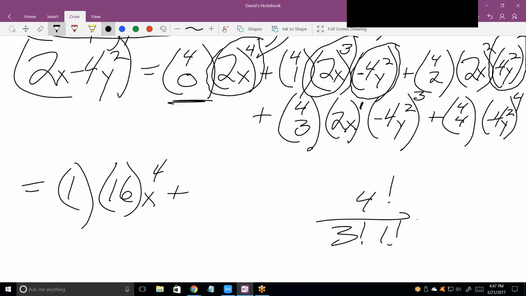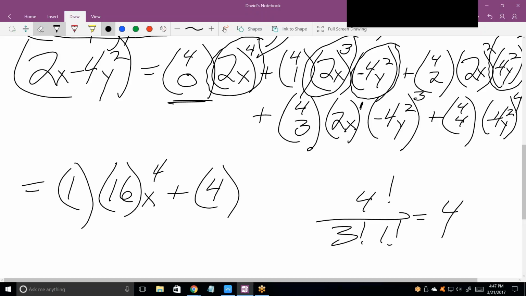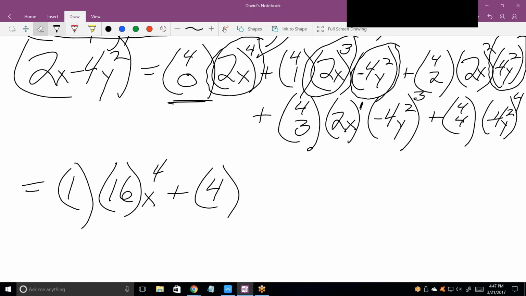So it'd just be 4. That's equal to 4. Okay. So that's the first coefficient. And you got to be careful about saying that's the coefficient because it really isn't, because there's other numbers involved here. It's like saying the coefficient of the first term was 1. Well, it really wasn't. It was 16, right?